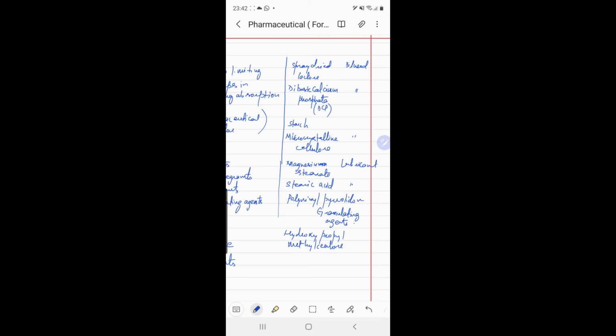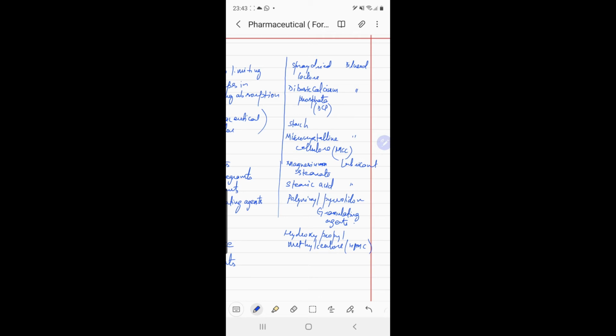So it is used as the tablet coating agent, while in liquid suspensions, it may be used as the suspending agent. Hydroxypropyl methyl cellulose is also known as HPMC, and various grades are available. Microcrystalline cellulose is also known as the MCC. Two grades, P101 and P102, are available. One is in powder form, one is in granular form.